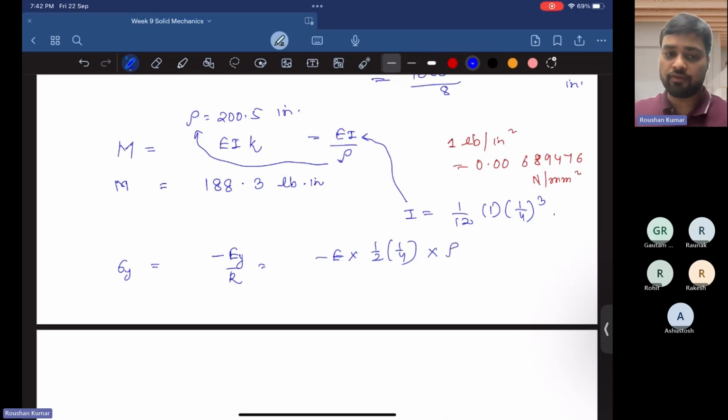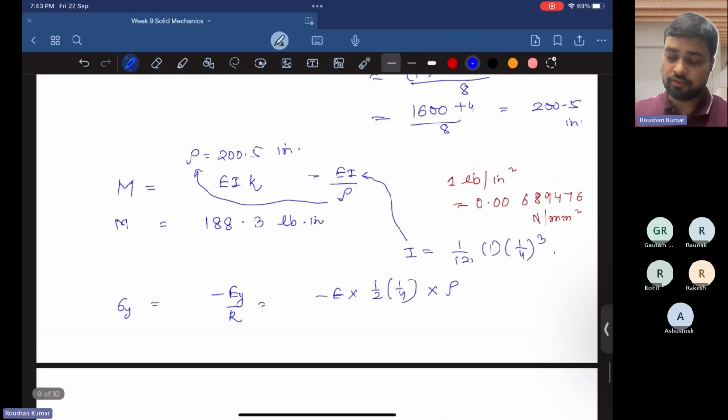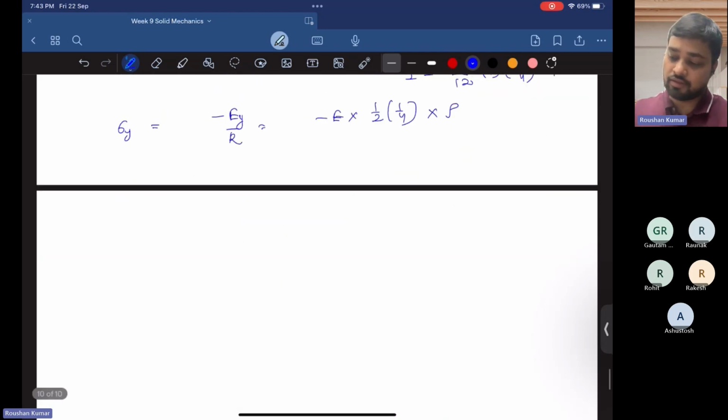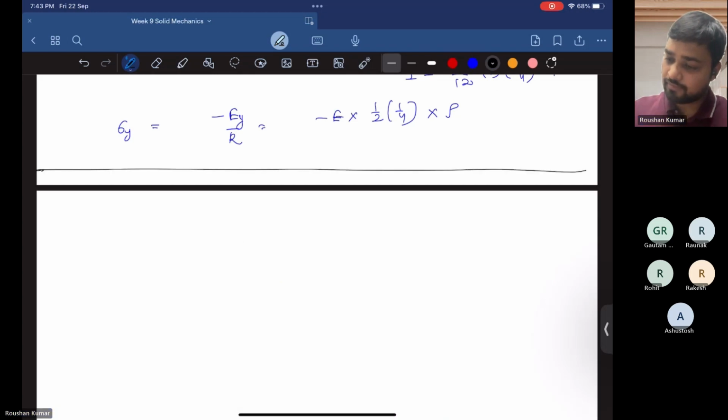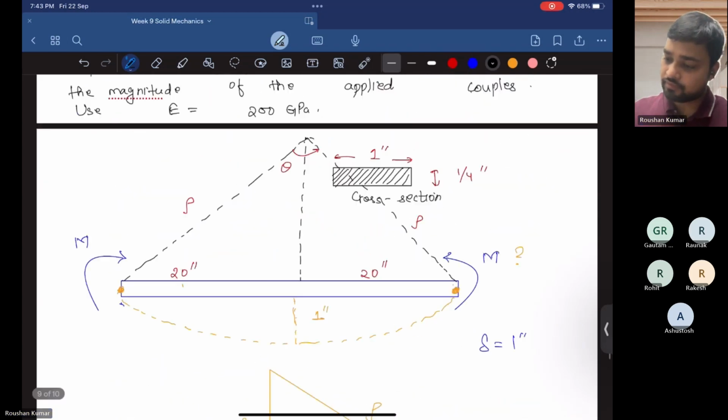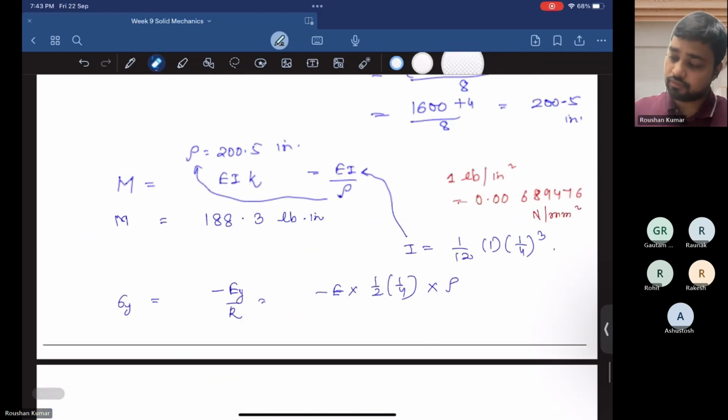So using this formula you can find the value of bending stress. So we have two questions asked here. The first question is to find the bending moment, and the second is to find the bending stress. We found both the values here. Now come on to the next question, that is problem 5. So this is problem 4.